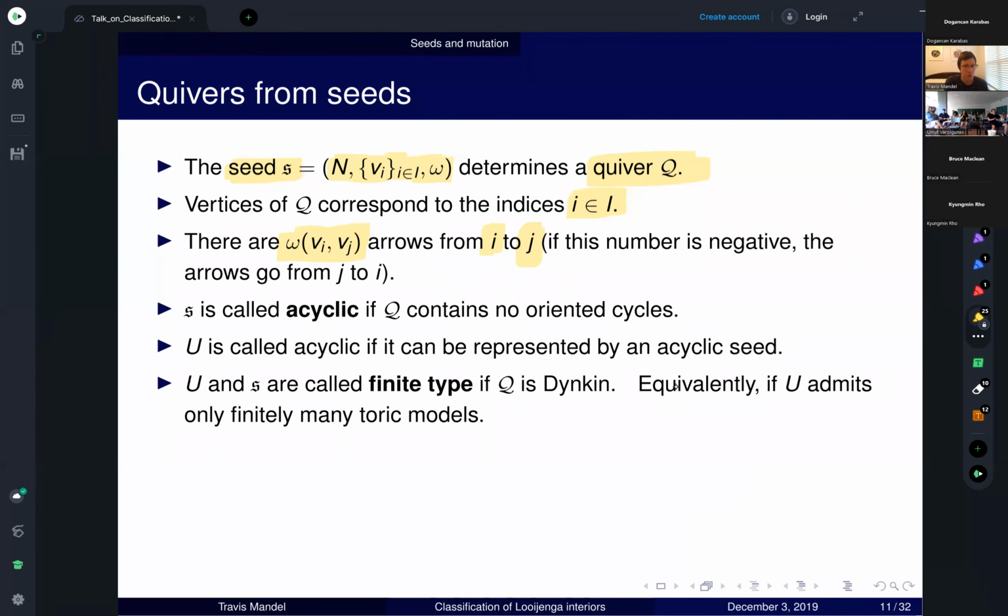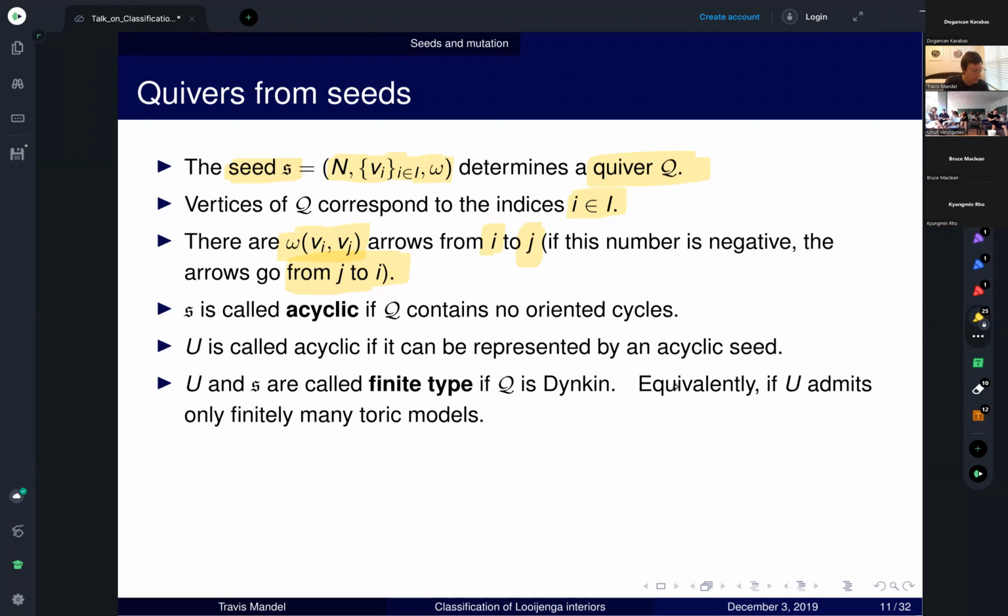If that skew pairing is negative, then the arrows will go the other way, from J to I. Since omega is skew symmetric, this is well defined and it gives you a quiver without any oriented 2-cycles. You can have arrows go from one vertex to another, but they won't go both ways. No 2-cycles.